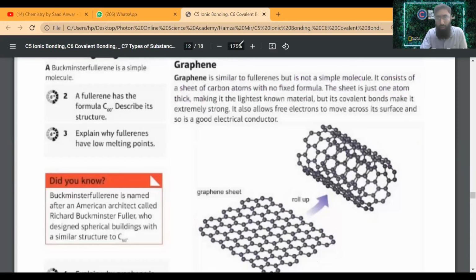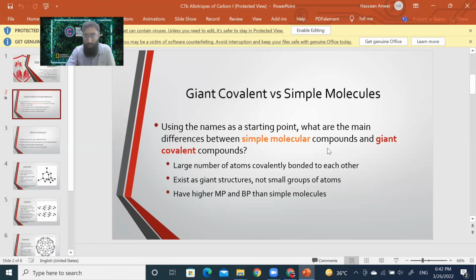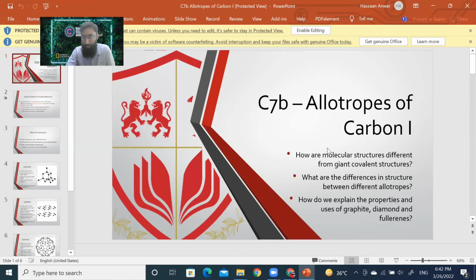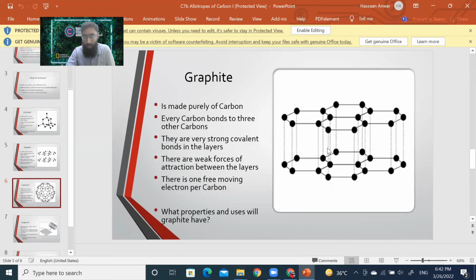Now let me open your class slide notes. Allotropes of carbon: diamond, graphite, fullerene.